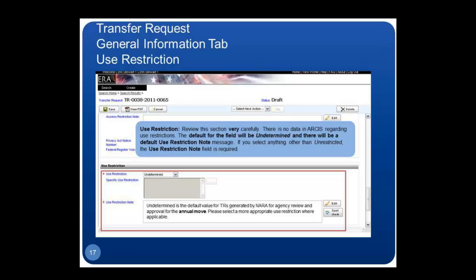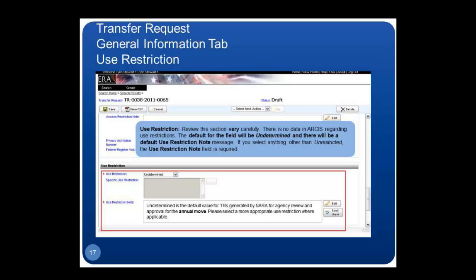This is asking about use restrictions, not access, not who can see the records, but how the information, or perhaps images, and often it is about images, may be used. There's nothing in ARCIS that gives us any data of any kind about any possible use restrictions. So you really need to know this about your own records, and you are the experts on your own records.